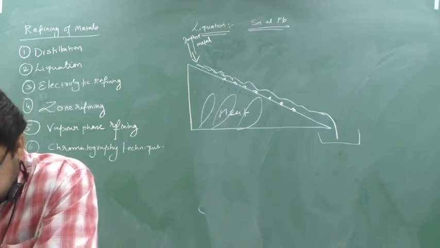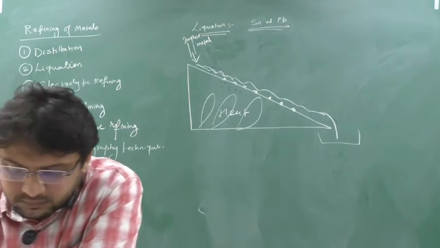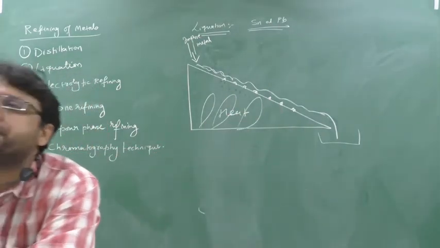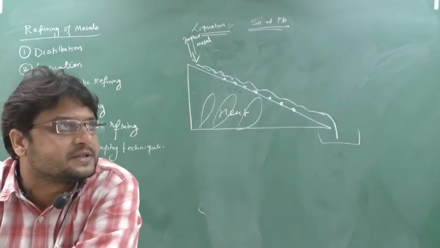Impure metal, no need to draw the diagram. Impure metal is passed over a hot sloping surface.